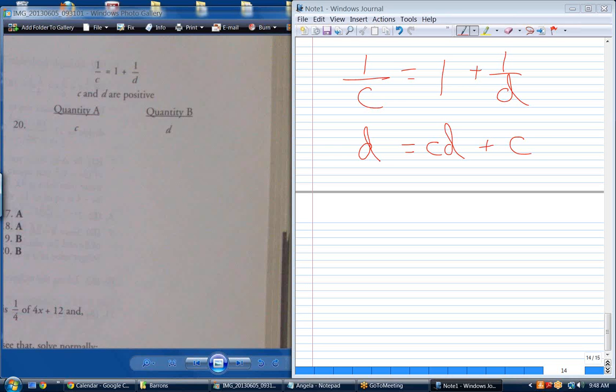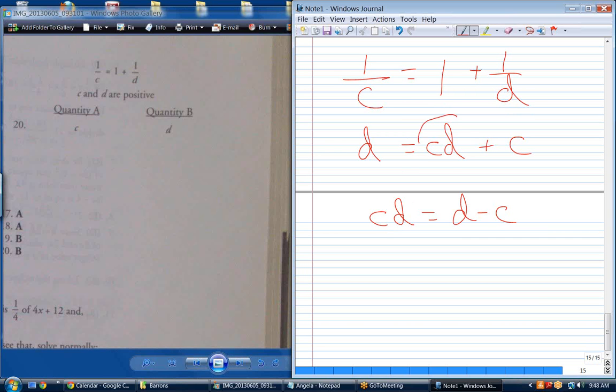You know, this is a little tricky. I remember it was tricky the first time I saw it in the test. So what is CD equal to? Oh, C minus D. D minus C. I switched the sides.